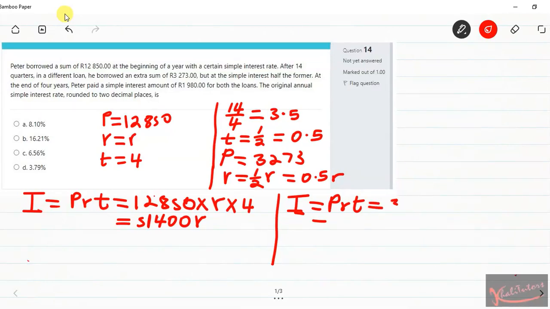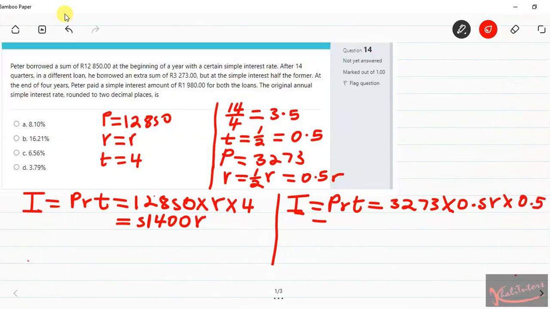Our P is 3,273 multiply by our R. Our R is 1/2 R, so it's gonna be 0.5 R. You multiply by half a year. Okay, multiply by 0.5.